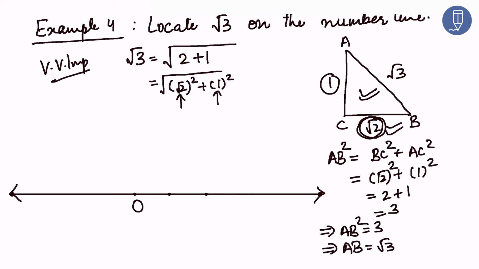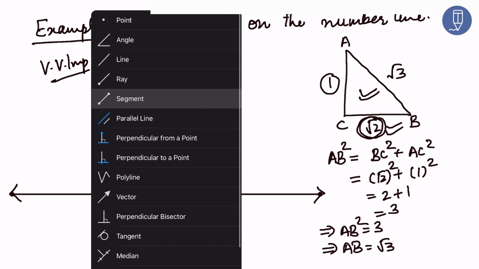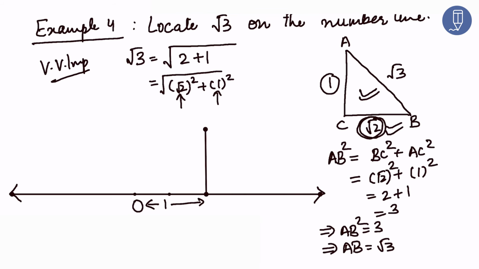So this is 1 unit. We mark another point here which is again at a distance of 1 unit. We join them. So this is also 1 unit.